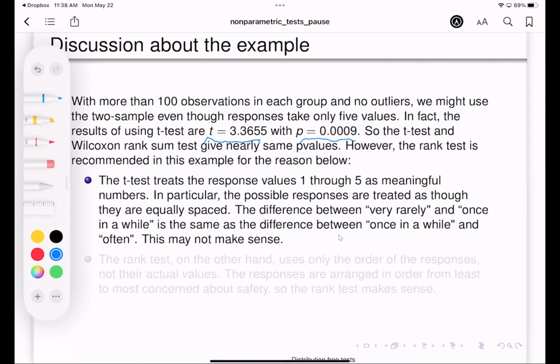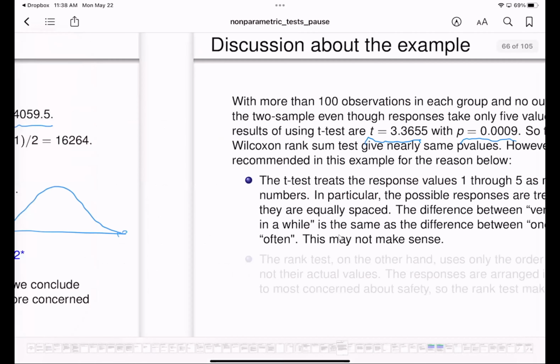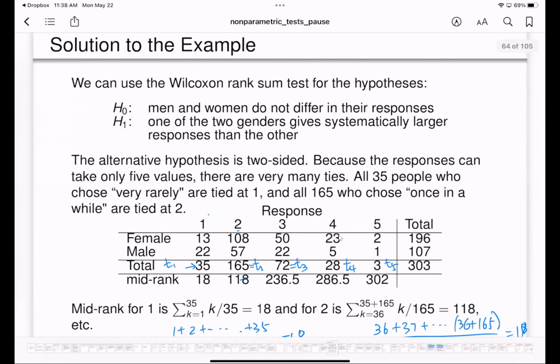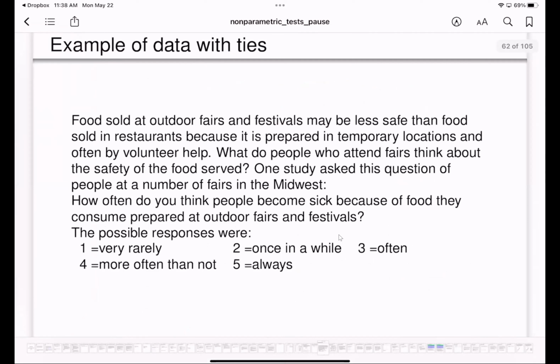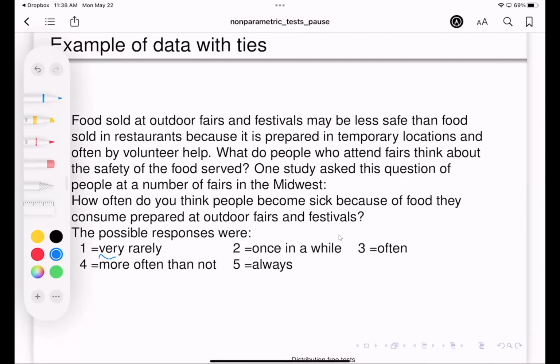But the problem with using the t-test is that you are assuming the observed values of 1 through 5 are really meaningful numerical values. If we go back and think about what those values 1 through 5 are, 1 is very rarely, and 2 is once in a while.